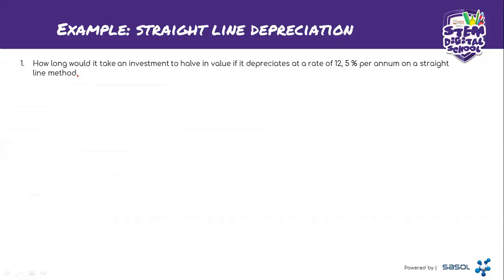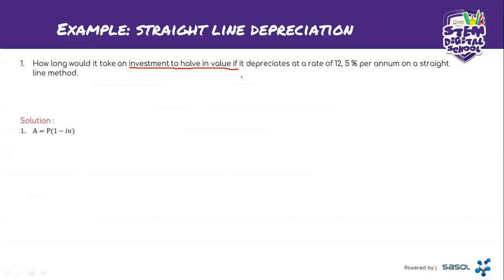Okay, so now let us study this one so that we can be able to see which one is our A and which one is our P. It says the investment to have in value if it is depreciated, meaning in this case we can write it in this manner.